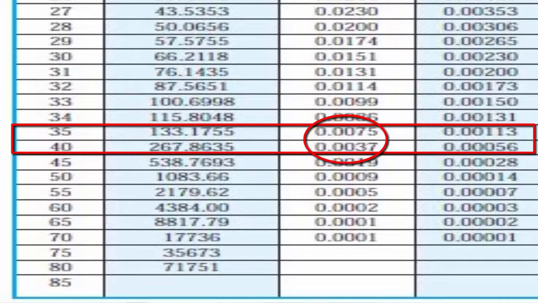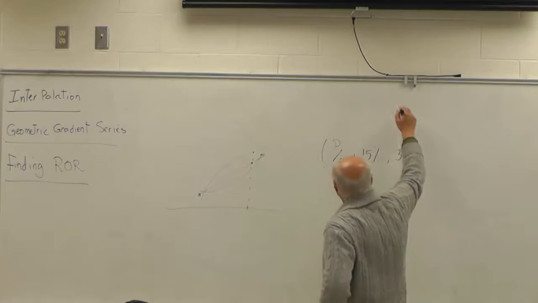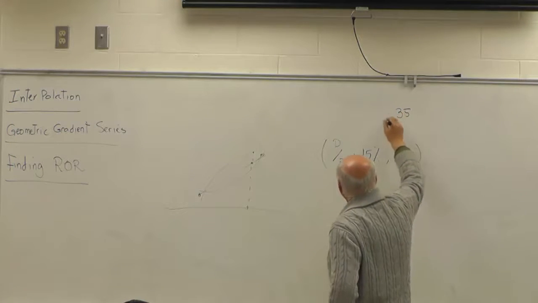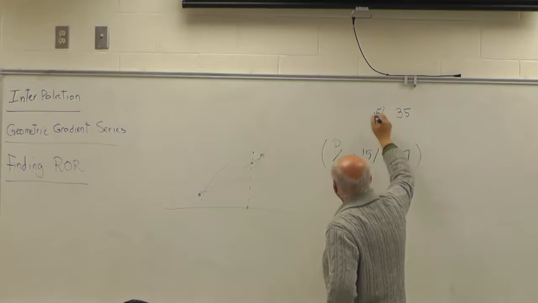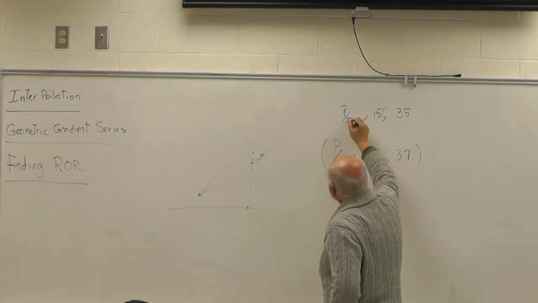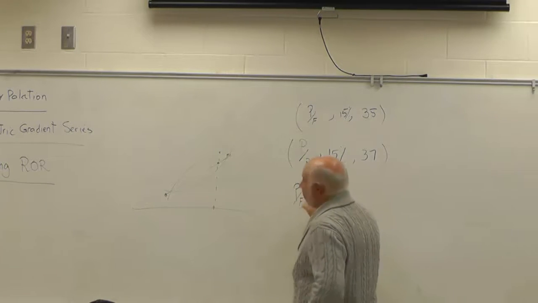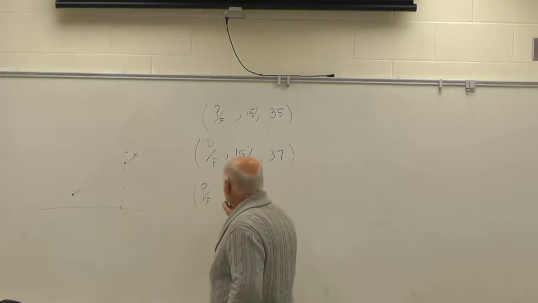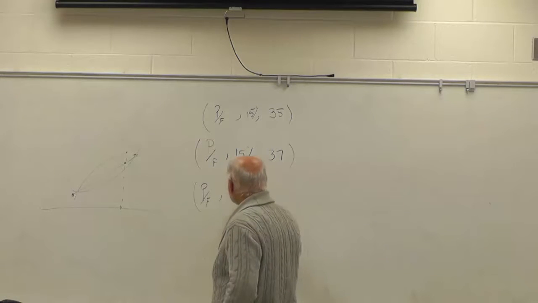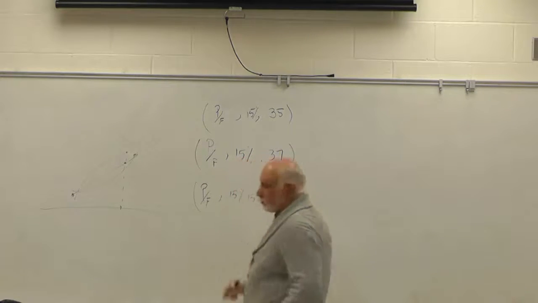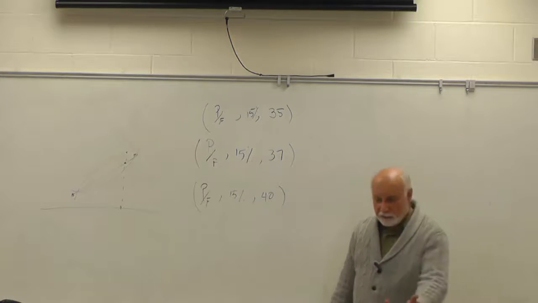So what do you do? You look at the one below and the one above. This one has the number for 35, and this one has the number for 40. We do have those two numbers.